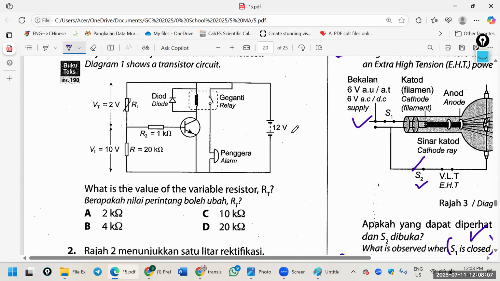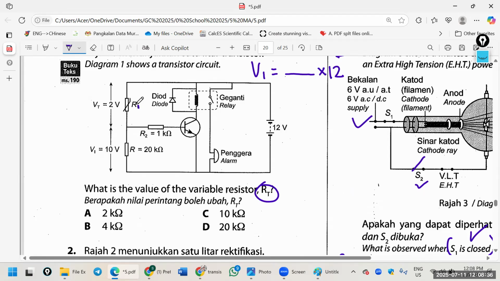I got it, number one. How to do this? I encourage you to use back the formula. They want RT, means up here. RT means R1. So we use V1 equals a fraction times total. What is the total here?